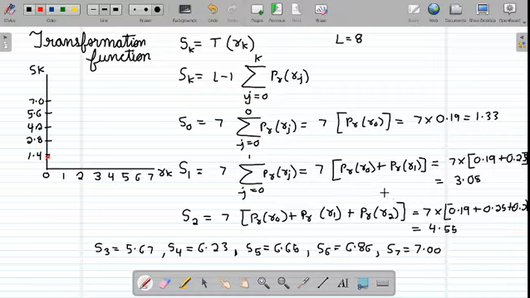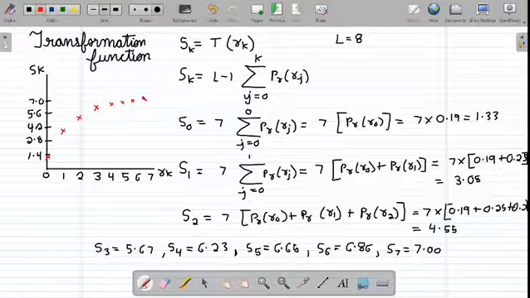S1 is 3.08, S2 is 4.55, S3 is 5.67, S4 is 6.23, S5 is 6.65, S6 is 6.86, and S7 is 7.